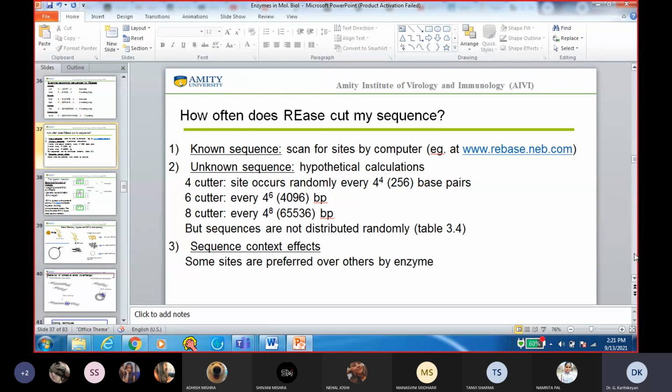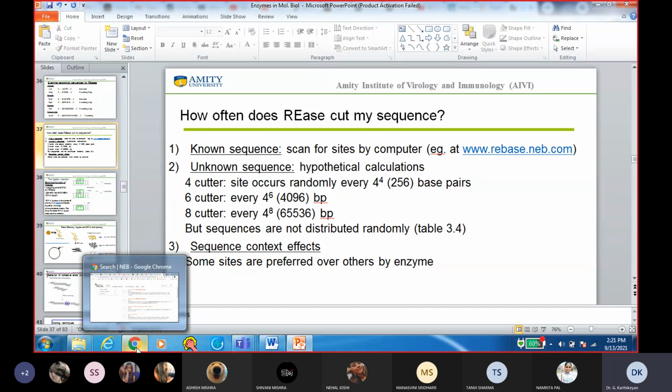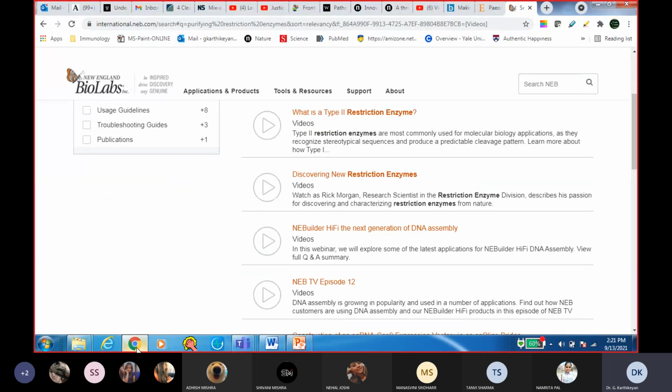Last time I remember I said that New England Biolabs is one of those companies which have commercially made these restriction enzymes. This company itself was started in the 70s when the molecular biology revolution was just starting, and they made a conscious decision to invest in both science and technology.